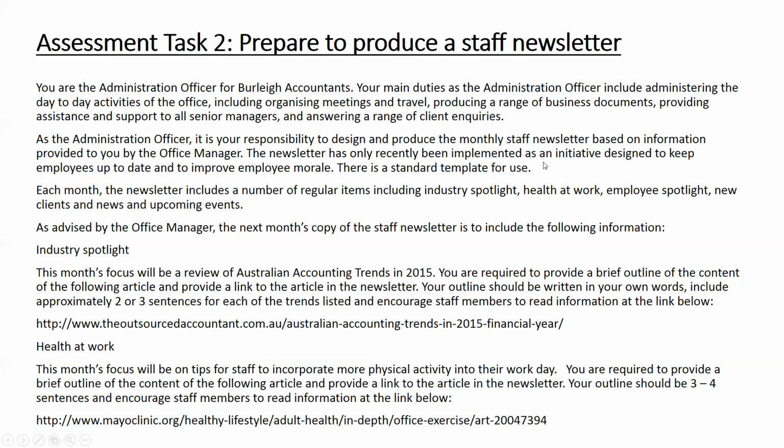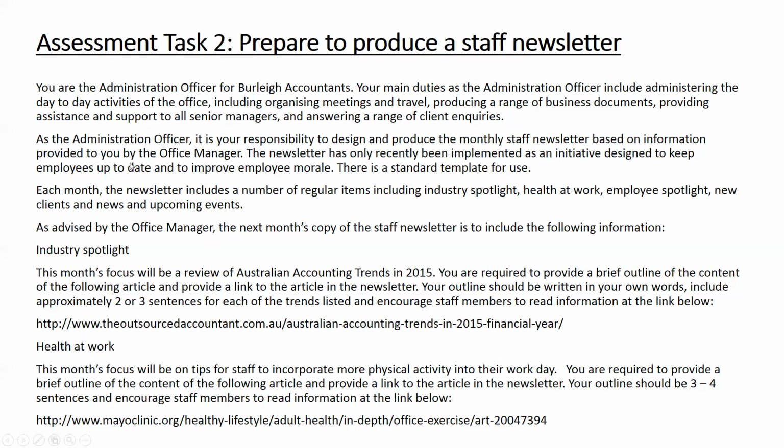You need to prepare a lot of business documents, providing support to all senior managers. So you need to always provide assistance and support to senior managers and answer a range of client inquiries. As an admin officer, you'll get a lot of client inquiries. So this is normal stuff for admin people, right?